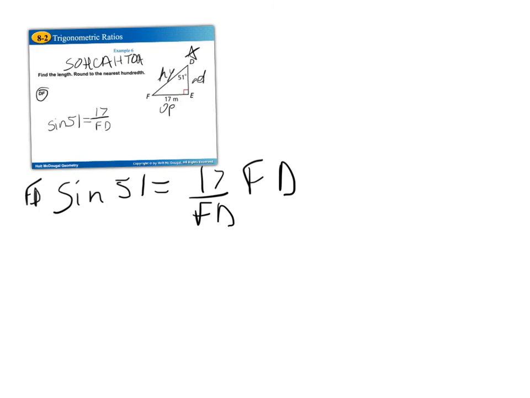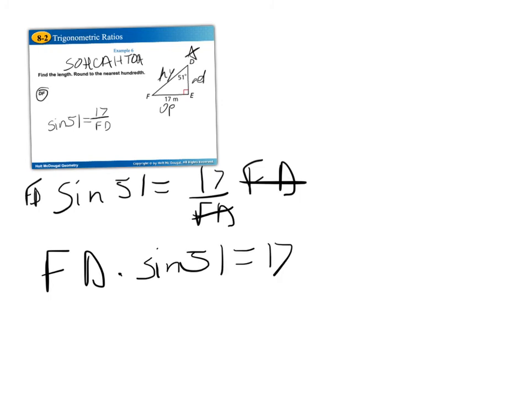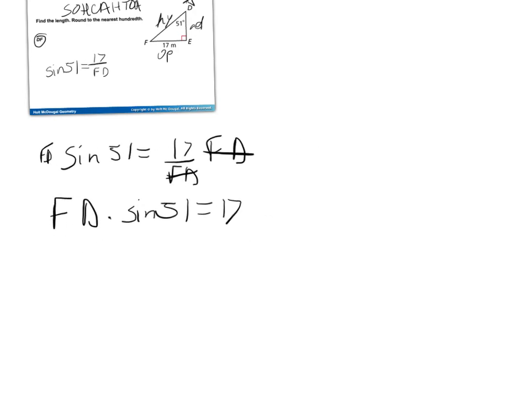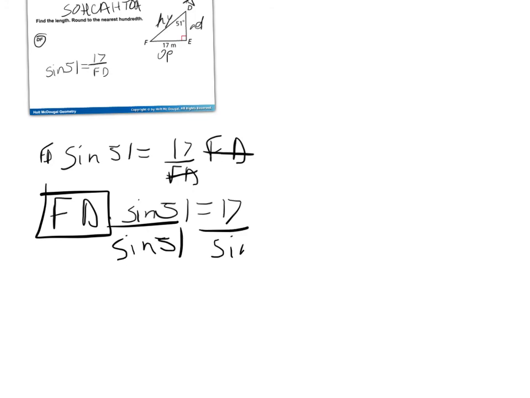So this becomes FD times sine of 51 equals 17. Now I want to get FD alone, so I divide out sine of 51 on both sides.